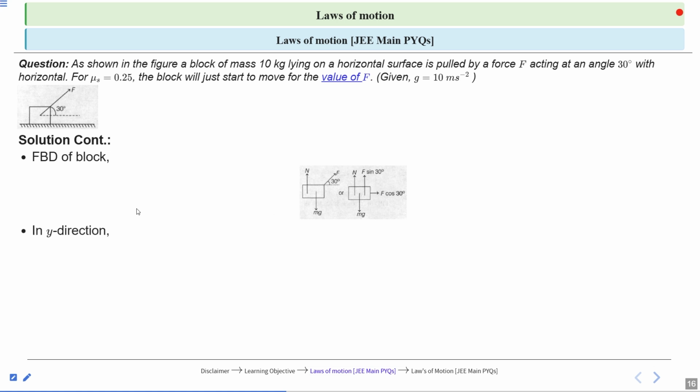If we talk about the y direction, or vertical direction, the sum of all forces is equal to mass into acceleration along y.